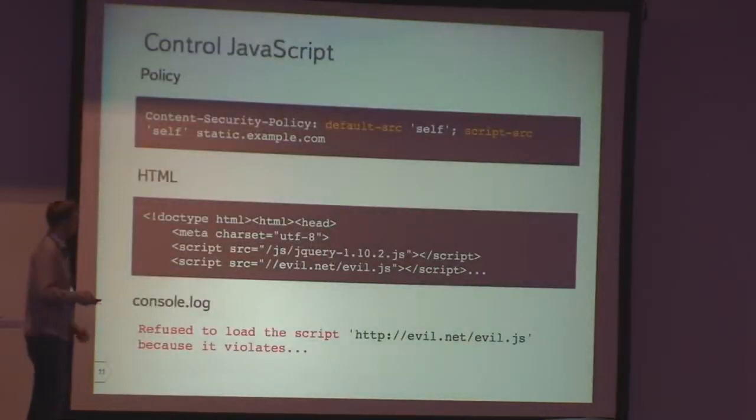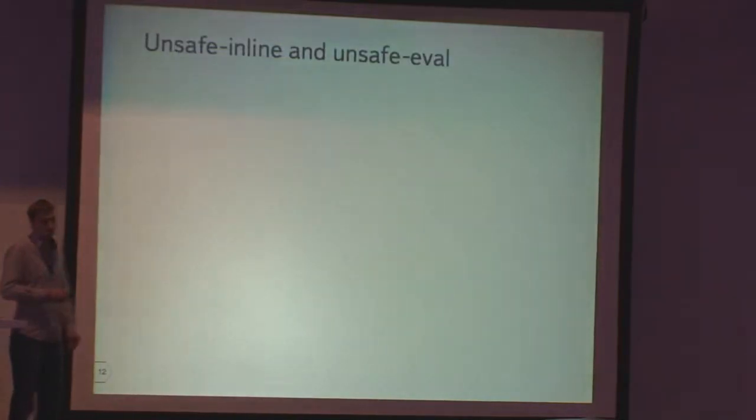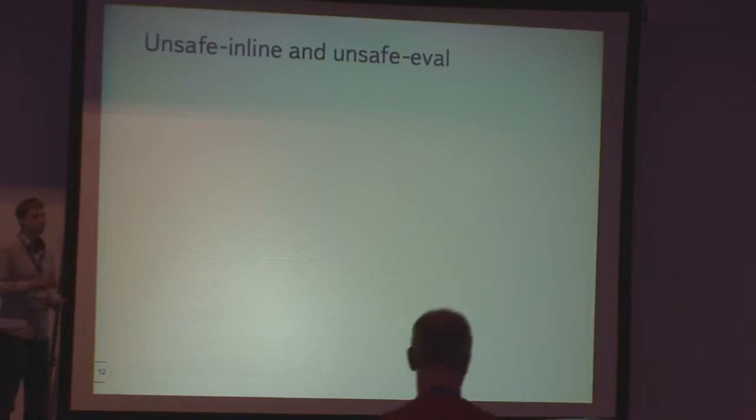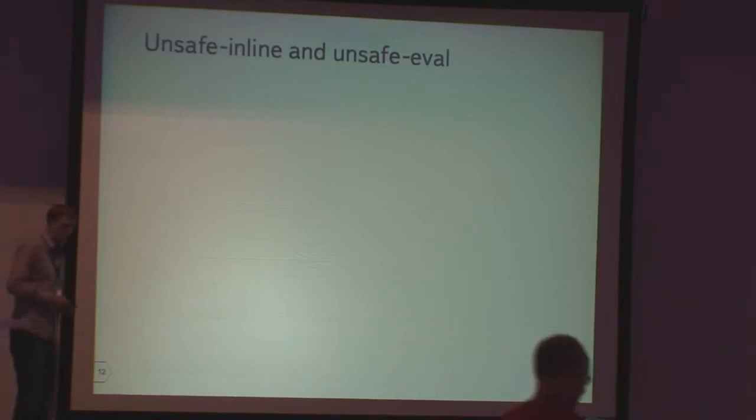It's interesting when we try to limit external sources, but sometimes a malicious user can inject some custom JavaScript payload and use it without external sources. And by default, content security policy forbids such behavior.